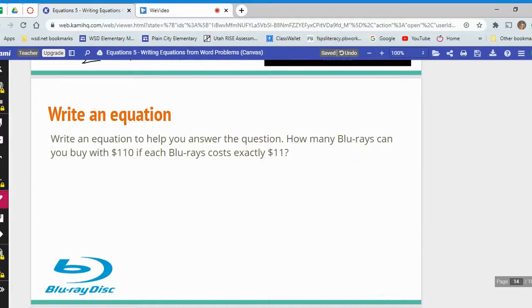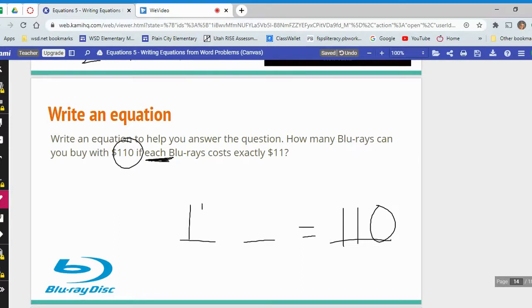Okay, let's go through it. Write an equation to help you answer the question. How many Blu-rays can you buy with $110 if each Blu-ray costs exactly $11? So we've got it set up. Do I know my end result? How much can I spend on Blu-rays? Oh, I can spend $110. I found a keyword again. Each Blu-ray is $11.